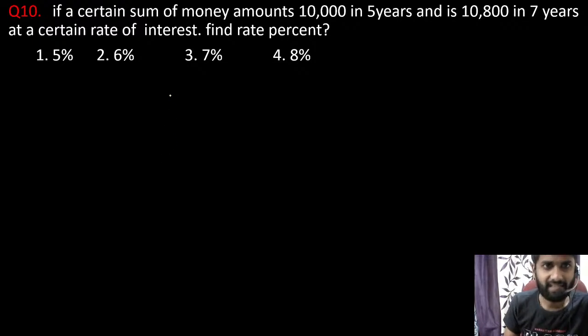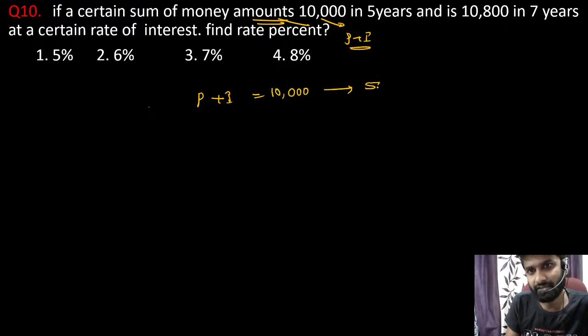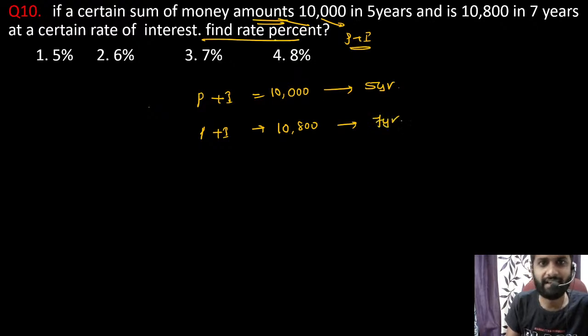See, what I mentioned: sum amounts to means it is including both principal and interest. Keep it in mind, guys. So there is an amount here, principal plus interest exactly equal to 10,000 rupees for 5 years. Same principal plus interest, the value become 10,800 for 7 years. Then what is the question? Find the rate of interest.